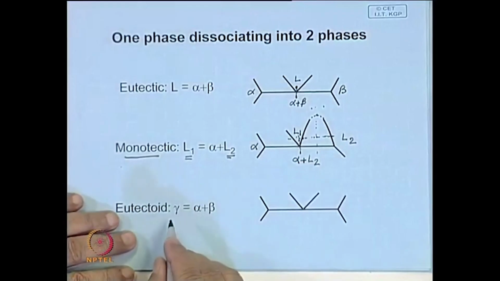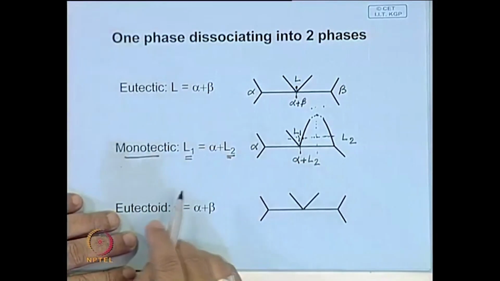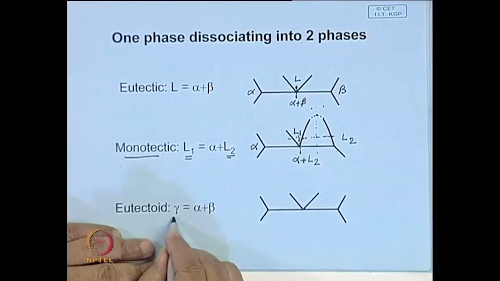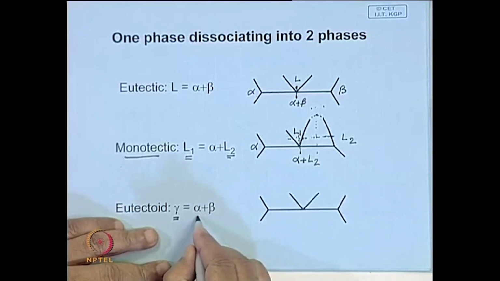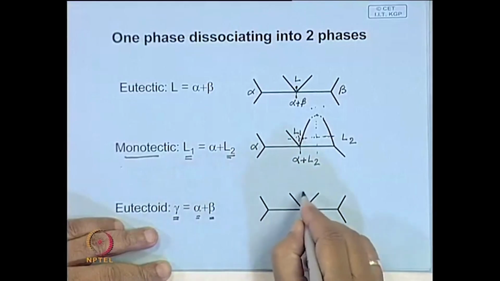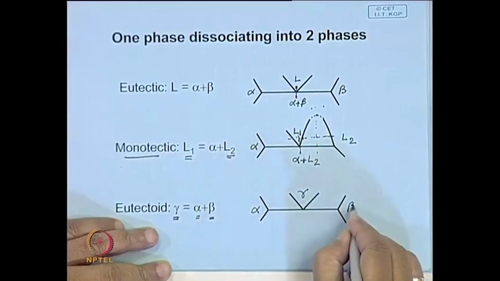And you can have another variant. It is not only liquid that can dissociate on cooling into a mixture of two phases, you can also have a solid, say gamma, which on cooling dissociates into two other, different solid phases, alpha and beta, and this diagram is shown here. Say gamma is dissociating into alpha and beta.